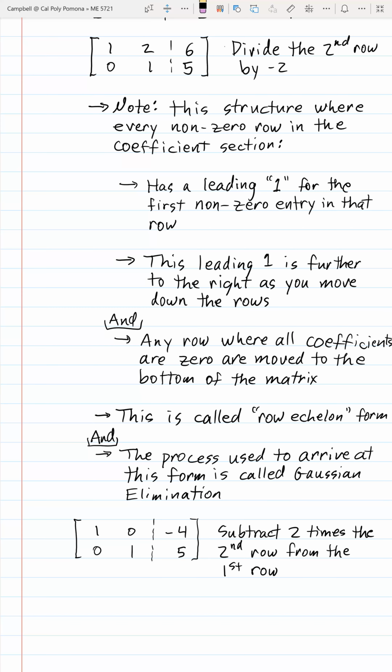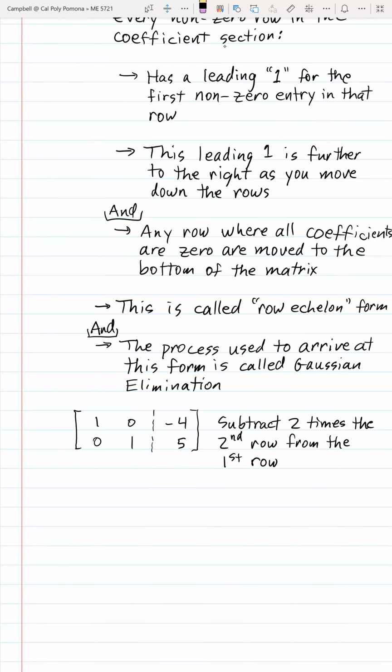So let's see what that does for me. Well, I shouldn't say let's see what it does for me. We already know what it does. I'll go ahead and write that down so I know I talked you through it. We'll write that down more formally here in just a moment. But let's go ahead and since we know this form does something good for us, let's describe the structure.